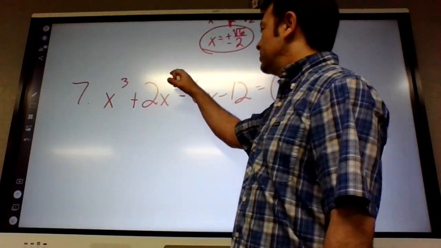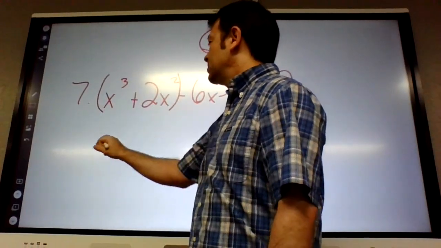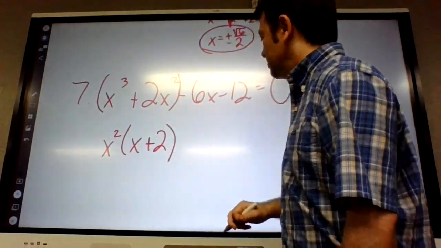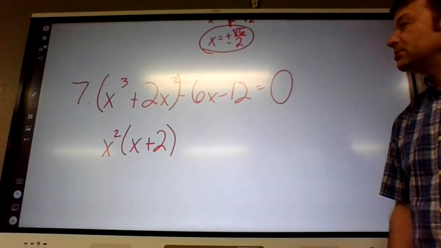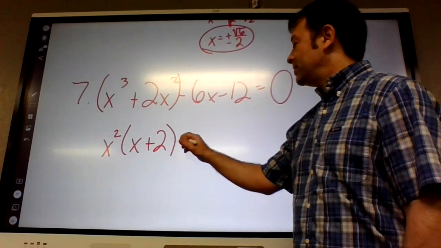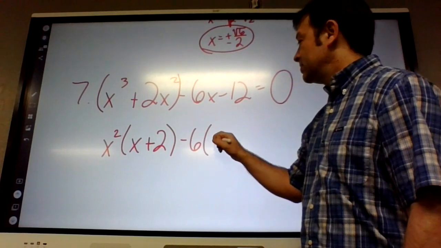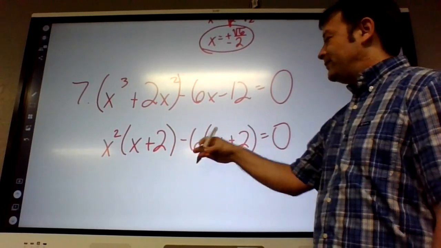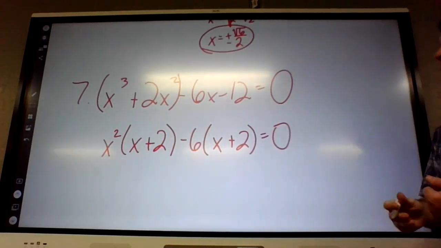Grouping. What comes out of the first two? What's left? What comes out of the last two? 6. But instead of 6, let's take out a negative 6. We get x plus 2. Again, if your parentheses aren't the same, something's wrong.